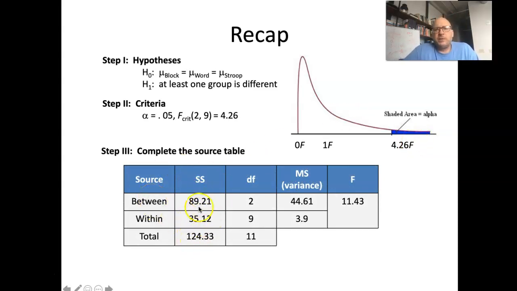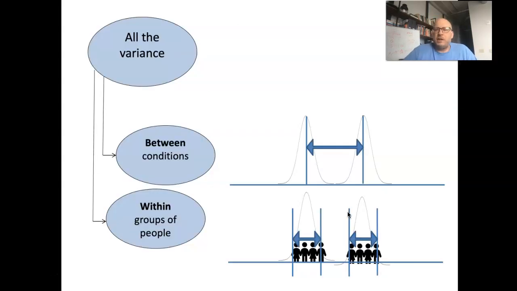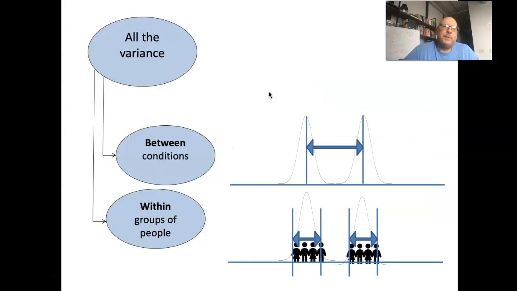It shows the sources of variance, and we found 11.43 for our F. And because that is definitely past the critical value, we rejected the null hypothesis. And the null hypothesis is basically that at least one group is different. Okay, so as I said at the end of the video, we don't know which groups are different. It could be any combination of differences, and so we need to explore that a little bit.